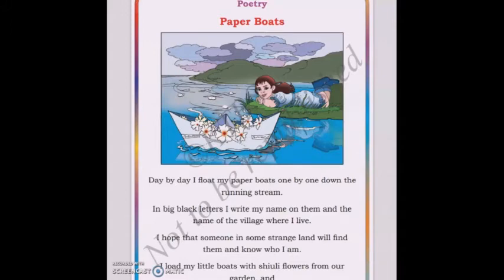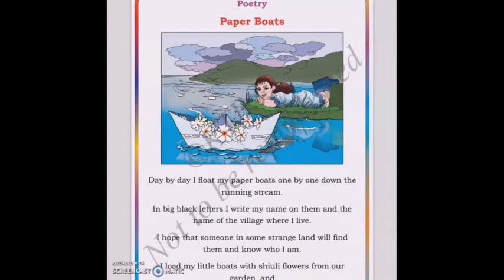Children, here a small child, day by day, floats paper boats down the running stream. She sends them every day, thinking that it would reach some distant lands. The child leaves the paper boat in the water after writing her name and the name of her village in big letters.